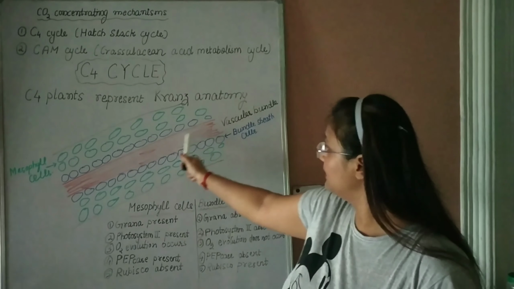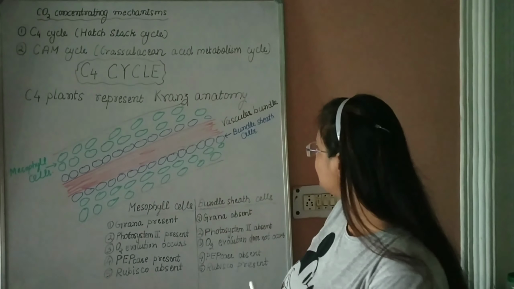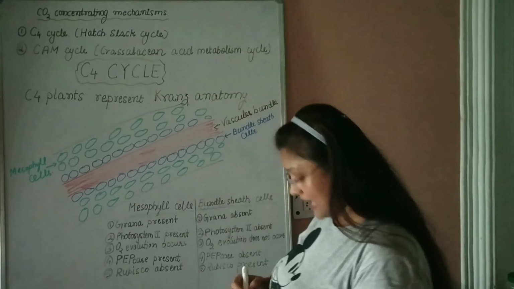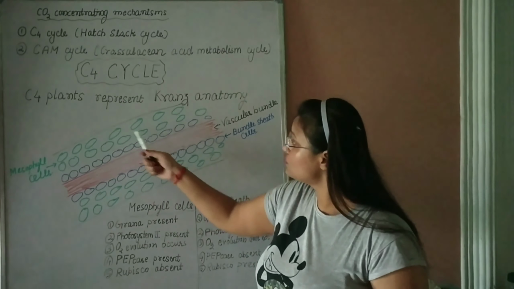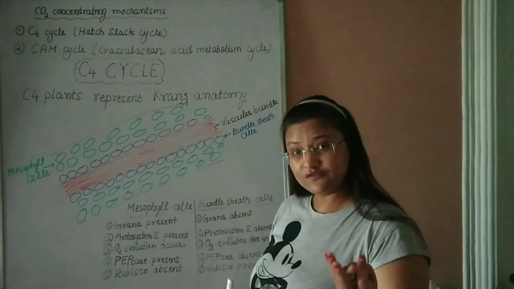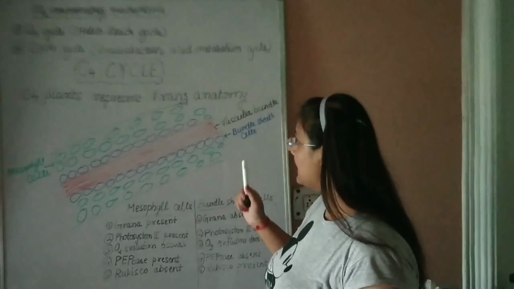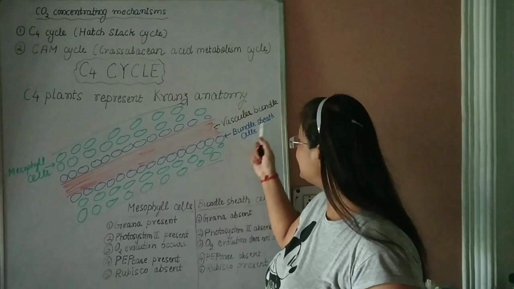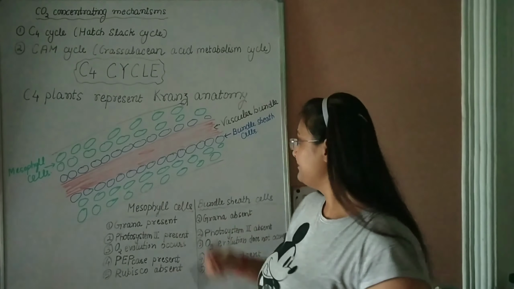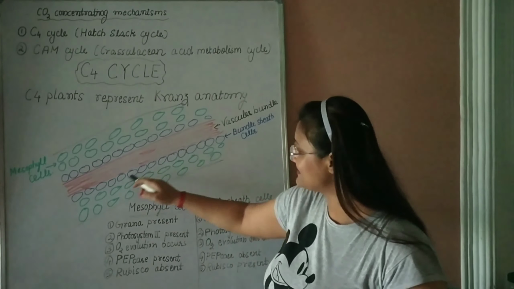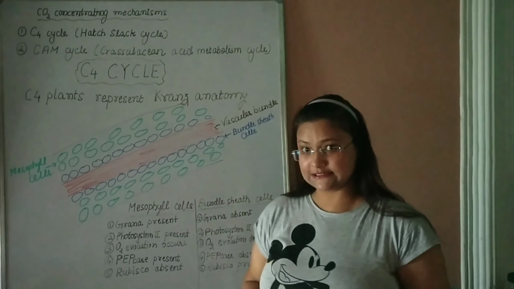Apart from this, in red color, this is vascular bundle, and they have two kinds of cells: mesophyll cells, just like C3 plants, but additionally they have got some bundle sheath cells as well. These cells in blue color, these are bundle sheath cells.